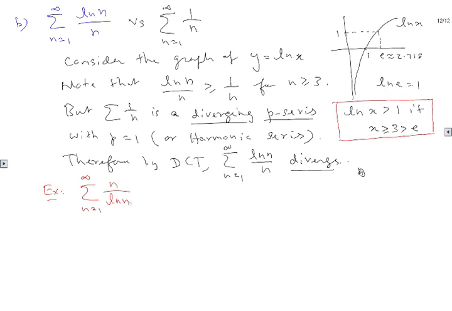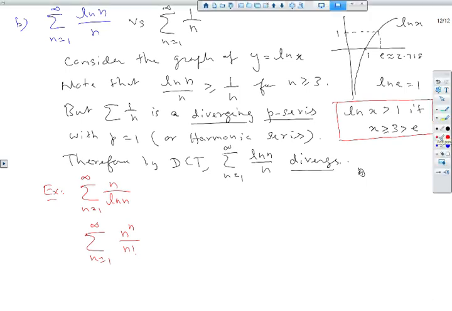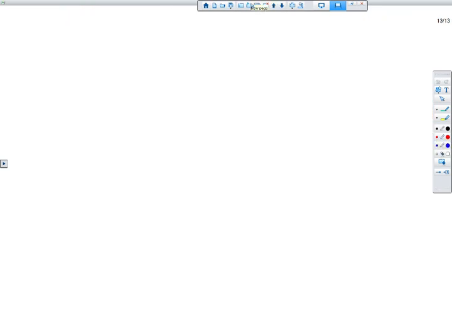Also try n going from 1 to infinity of n to the n over n factorial. Okay, good. Let's go to the next one. The next example, example number 3.